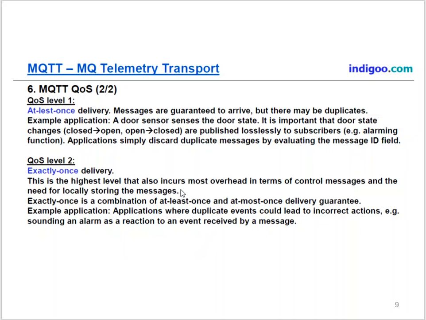It means that all the messages that are published will be received by the subscriber that has ordered quality level 2. In some cases that might cause retransmission, because the broker needs to get an acknowledgement from the subscriber that it has received the message, and received it only once.